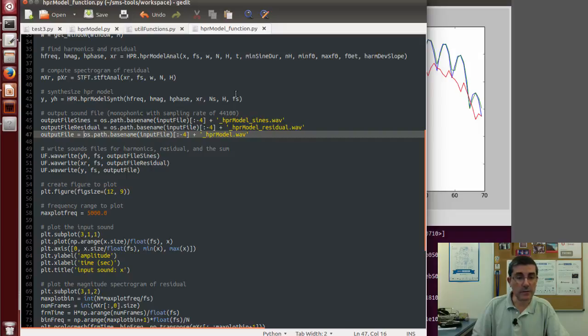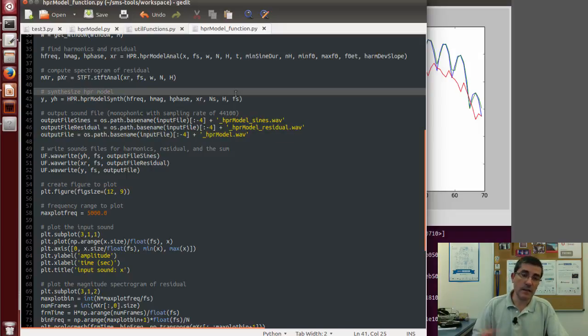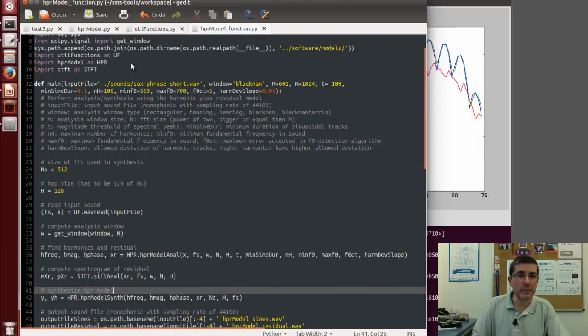Then we have this other function, hprModel function.py, which is the file that puts it all together, and is in fact the file that is called from the interface that we have been using. It's simply one function, main, and that does the analysis and synthesis of a sound, and it plots the intermediate values.